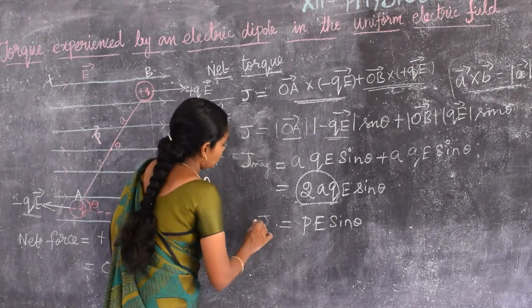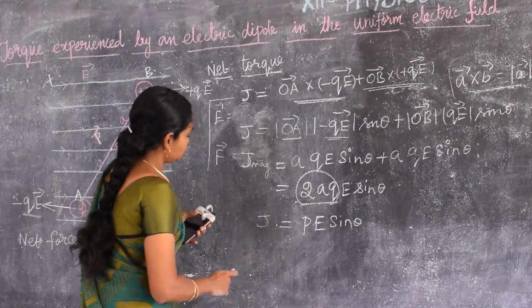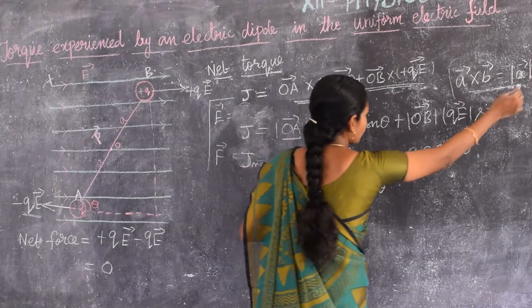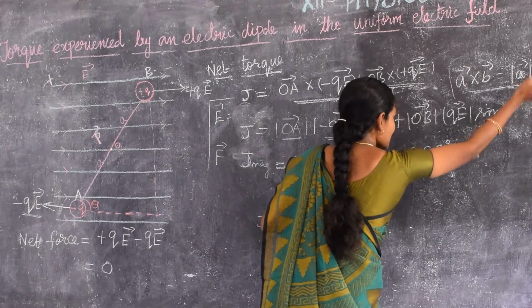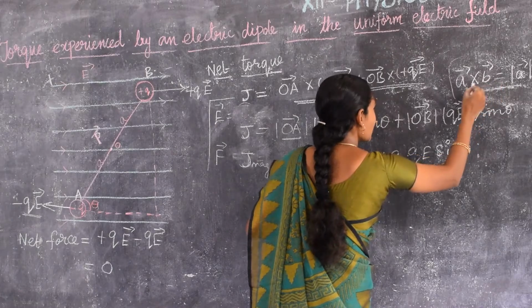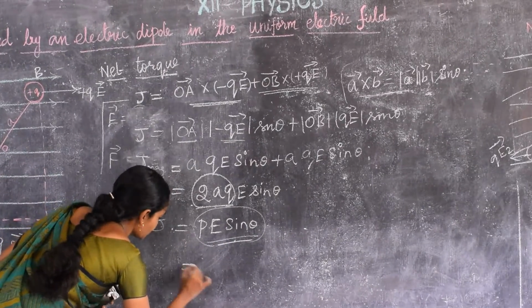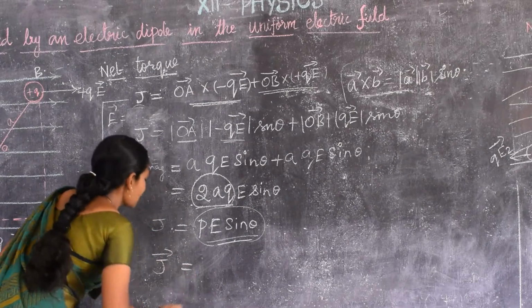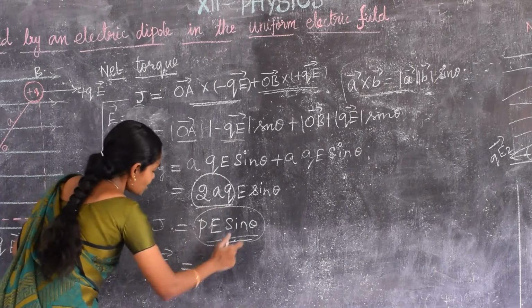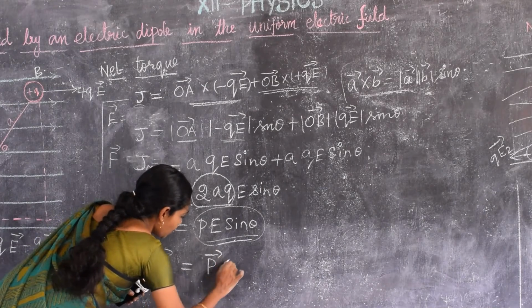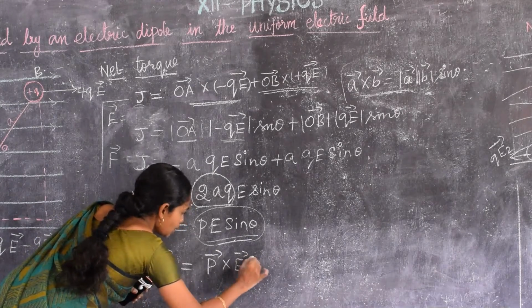This is the net torque value. It is again in the form of mod A mod B sin theta, which is A cross B, so we write tau in vector form: tau vector is equal to p vector cross E vector.